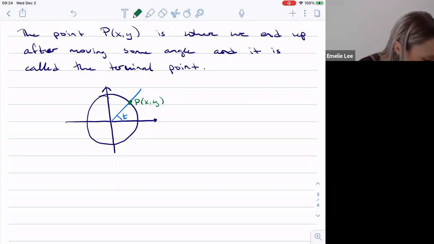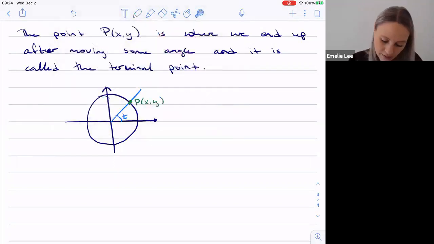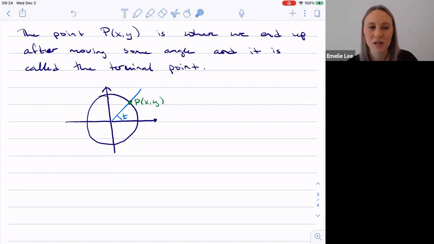I'm not going to skip ahead too much, but I will point out here that what we'll find later is that the x is actually the cosine of t, and the y is actually the sine of t. So that's where those trig functions come from, right?